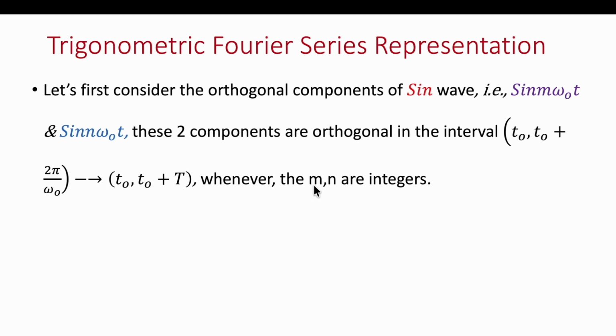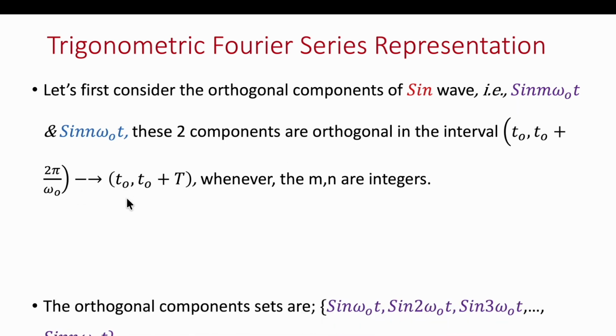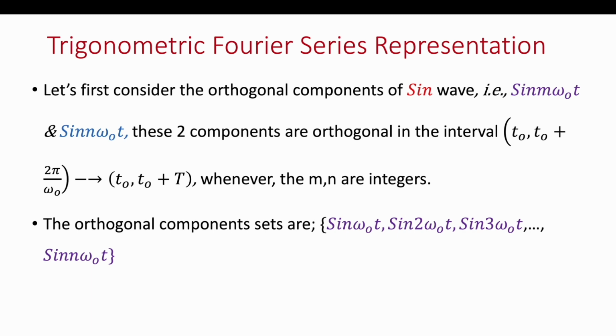So if m and n are integers, these two sine components are always orthogonal in this particular interval. The orthogonal component set can be written as sine omega naught t, sine 2 omega naught t, sine 3 omega naught t, and up to sine n omega naught t.